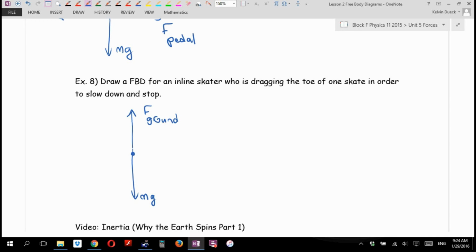What else? Let's assume the skater is moving to the right. What else? Which way? Okay.